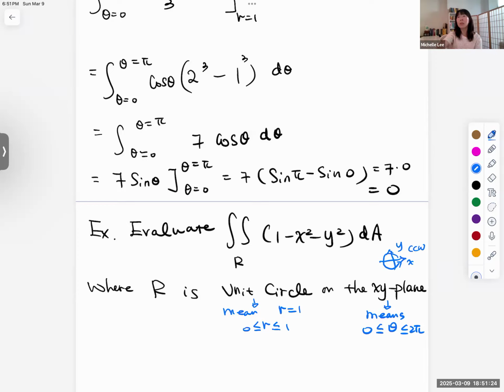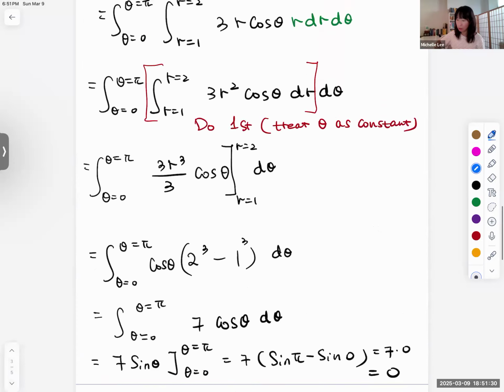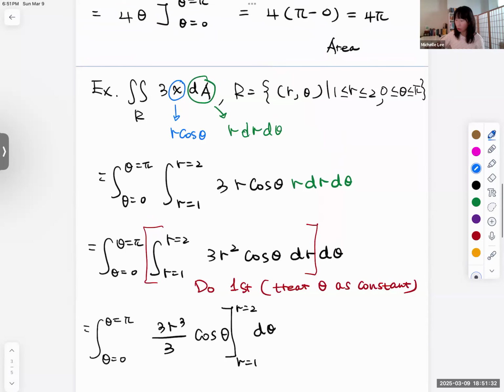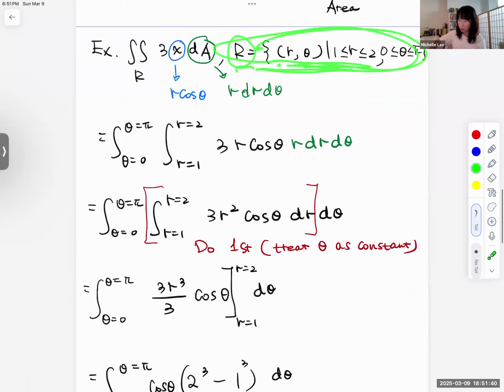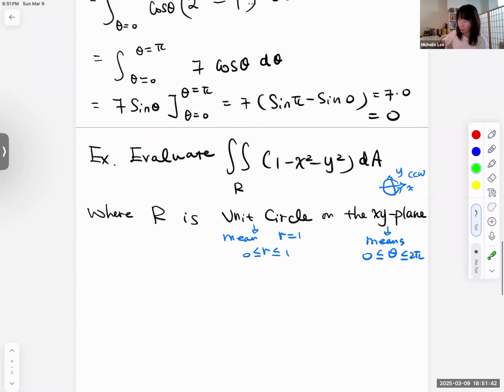CCW. Okay, so we can set up nicely like earlier, right? Or what's the reason we have to find the volume? So here, we can make a nice format, r equal to r theta, right?